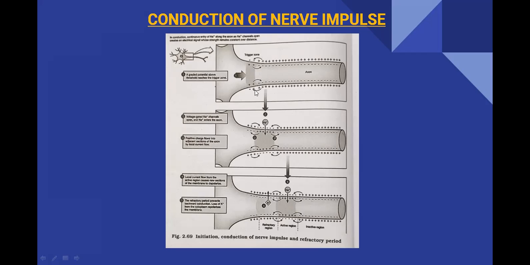These positive ions, due to their attractive nature, will pull the negative ions towards them. At the same time, these negative ions will also pull the positive ions towards them. In this way, positive charge will be transferred to the neighboring area.